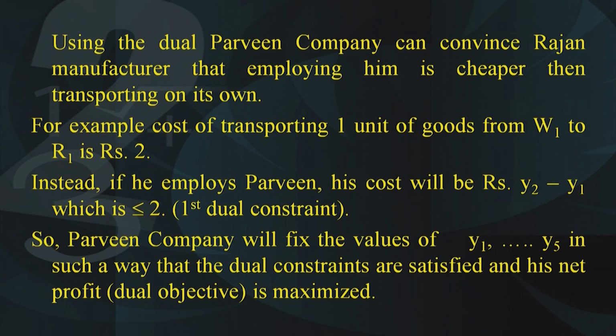So, therefore, although it looks very surprising, we have shown with the help of the primal and the dual construction, instead of transporting the items on his own, if the given company, Rajan company, hires a Parveen company who will do the intermediate part, that is first buy from the warehouse and then supply to the retail outlets, this is going to cost less.